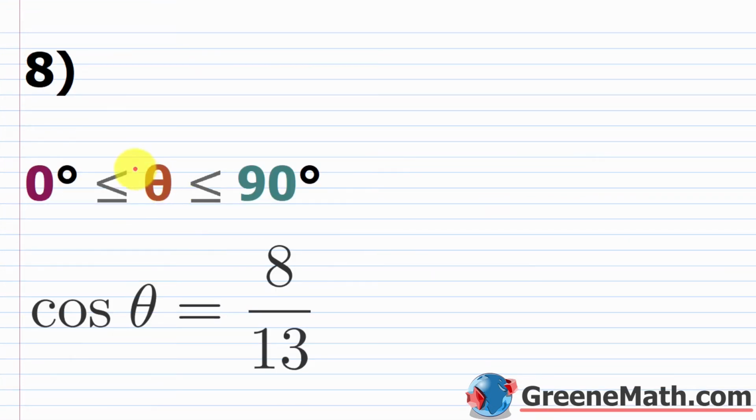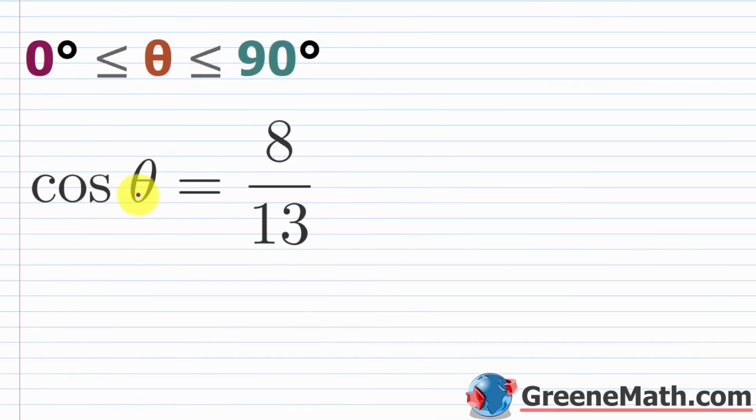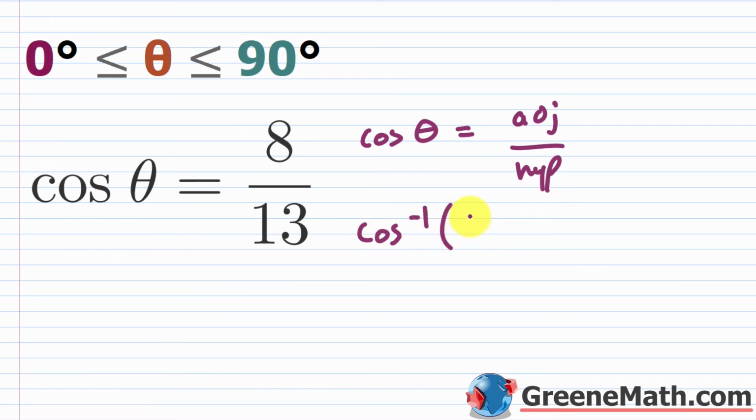Okay, let's look at problem 8. So again, theta will be greater than or equal to 0 degrees and less than or equal to 90 degrees. So we have the cosine of theta is equal to 8 over 13. So again, the cosine of theta is equal to your adjacent over your hypotenuse. And so your inverse cosine of your adjacent over your hypotenuse will be equal to your theta.